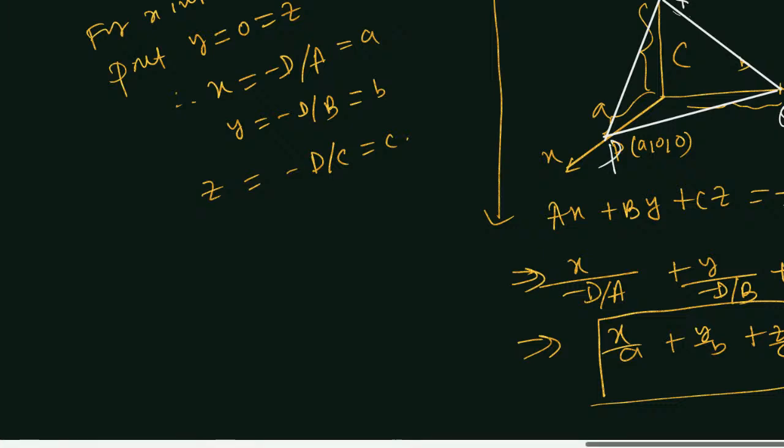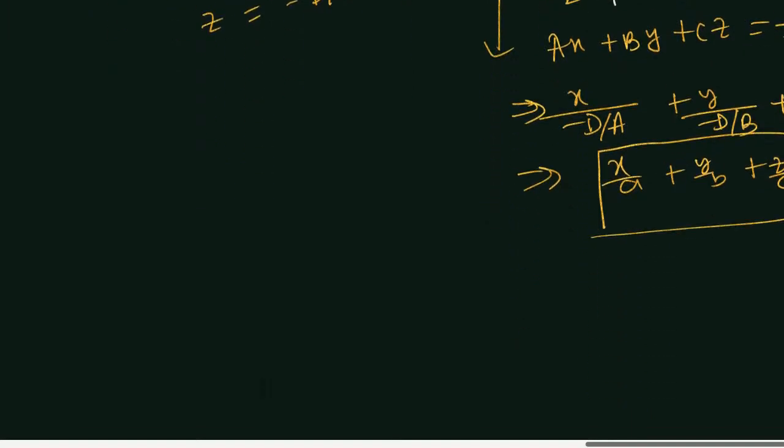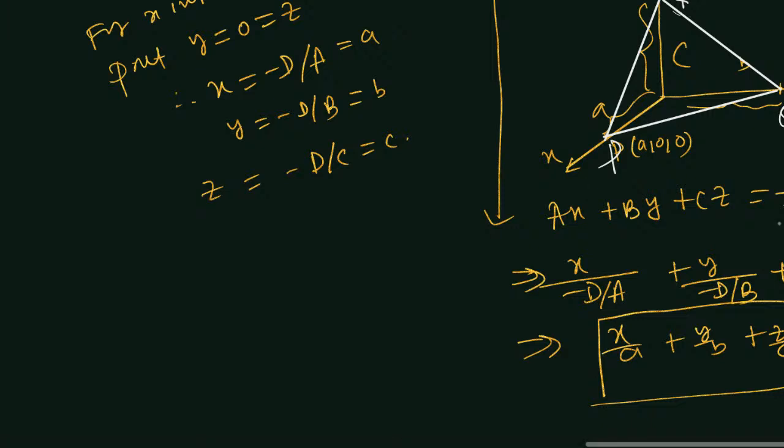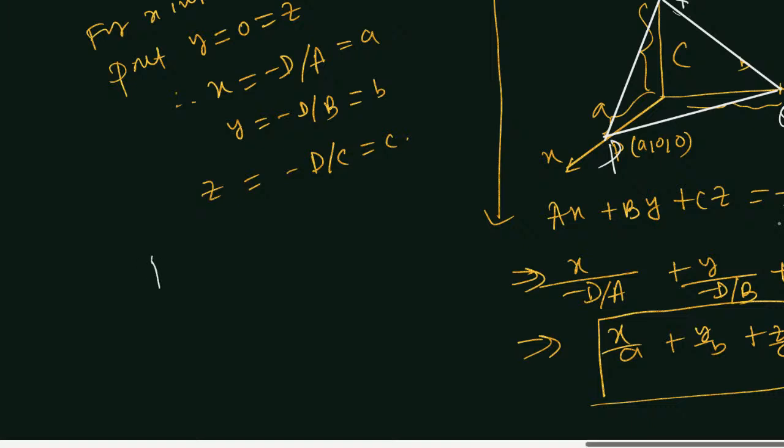So what will be the equation of the xy plane? What will remain absent from the xy plane equation? If xy plane is there, then which part will be 0? Xy plane means it will be z equal to 0. Only z equal to 0 will tell you the xy plane. No z will be there because the plane equation is this.